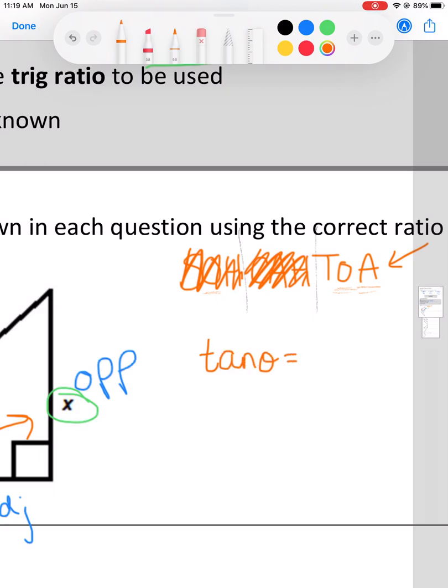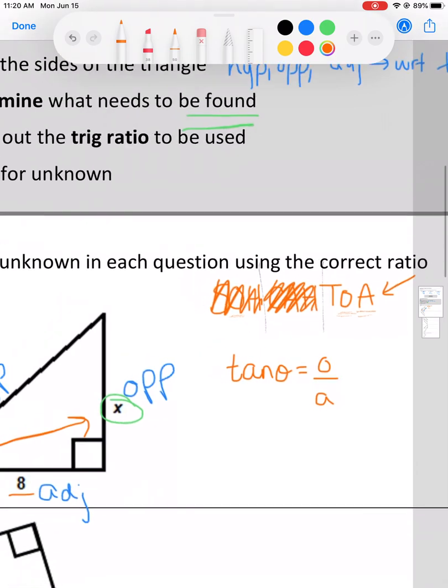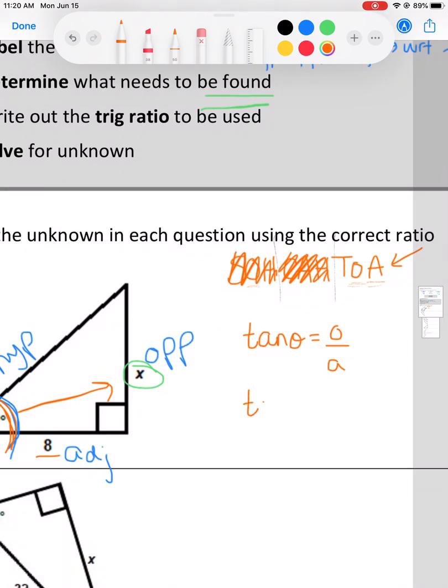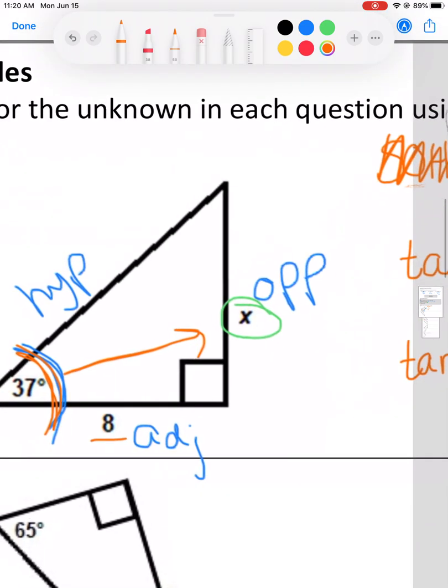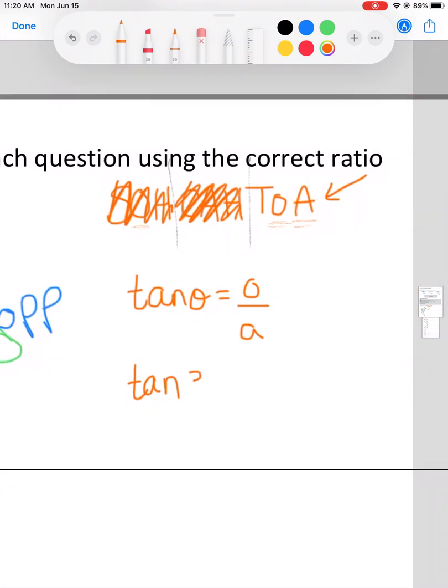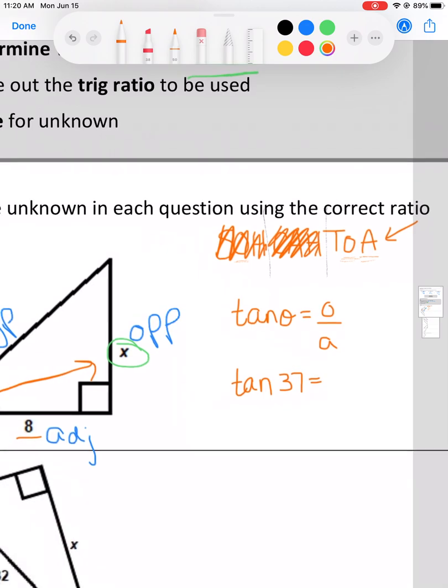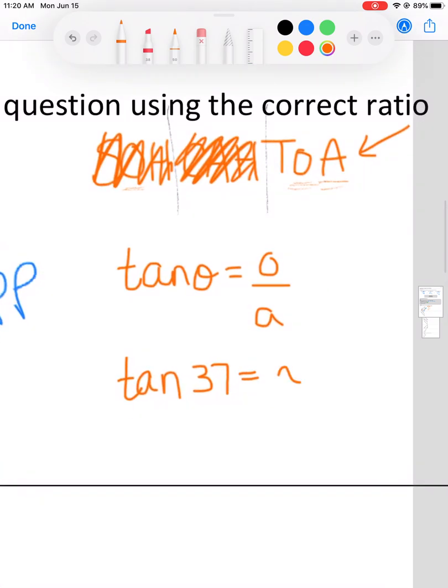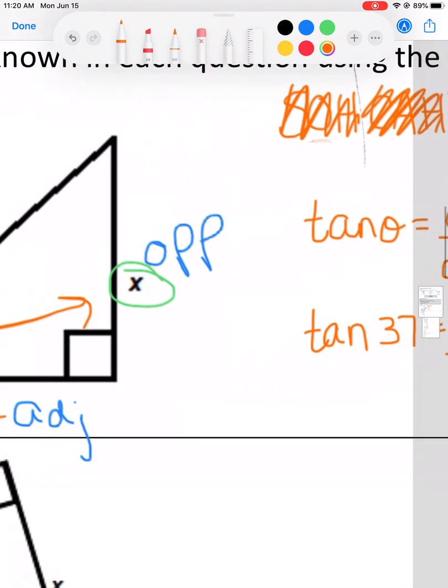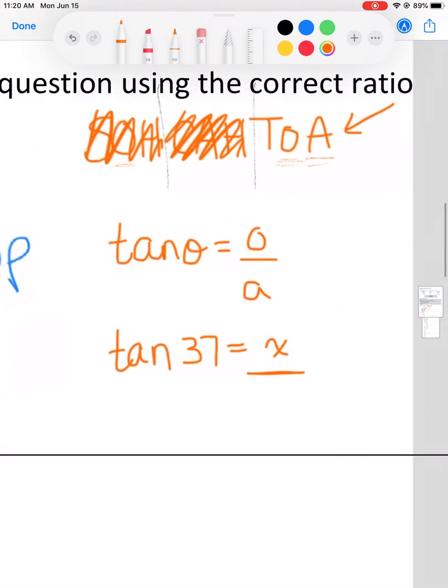So I'm going to write out my equation. Tan theta is equal to opposite over adjacent. What's my angle? 37. What's my opposite? That's what we're solving for, x. My adjacent is 8. In this case, we're going to use our fish. Remember, this is over 1.